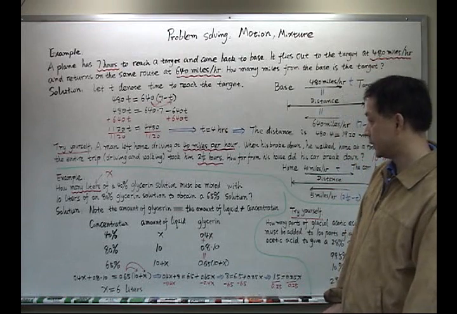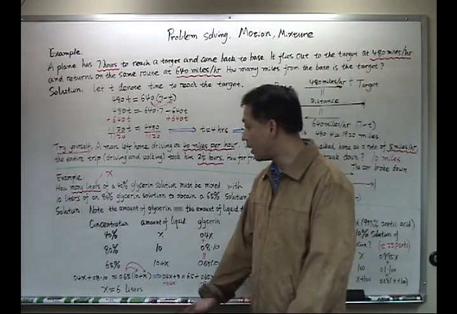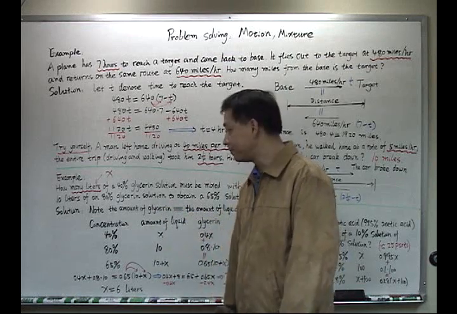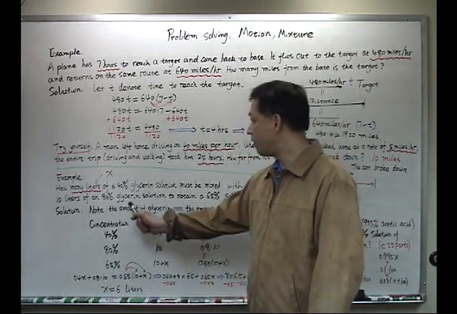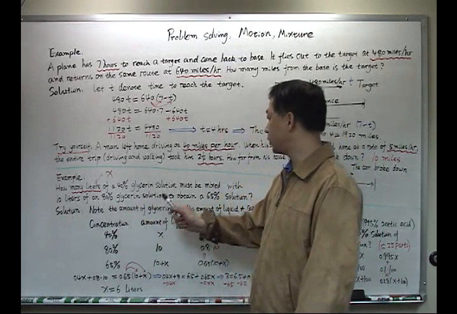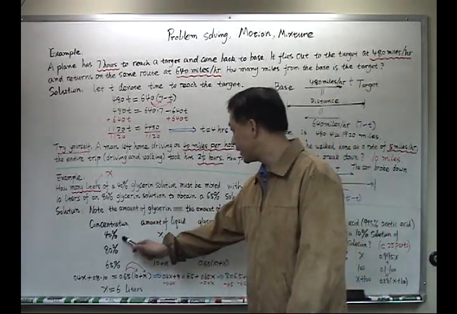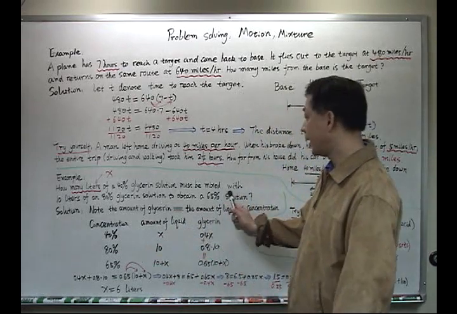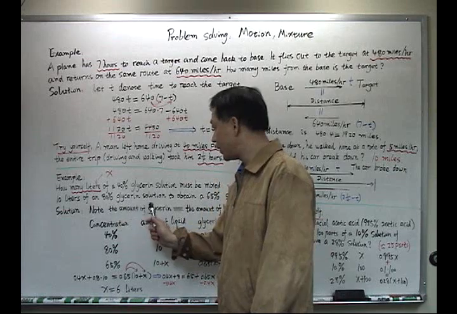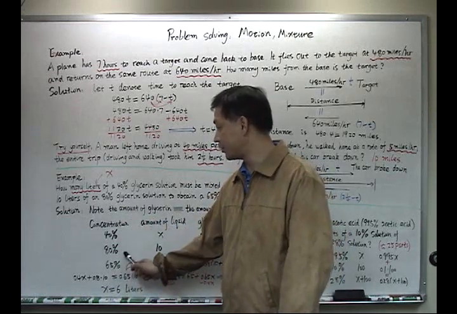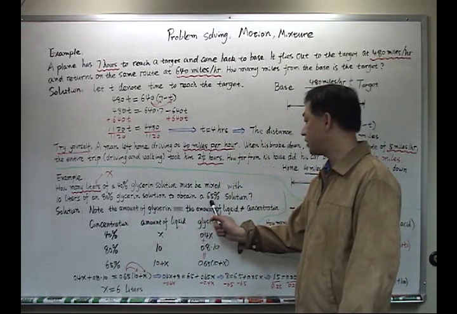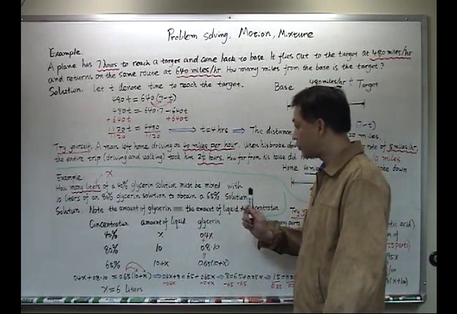Now look, how many different kinds of glycerin solutions do we have? We have, at the beginning, a 40% glycerin solution mixed with 10 liters of 80% glycerin solution. Eventually, we want to obtain a 65% solution.